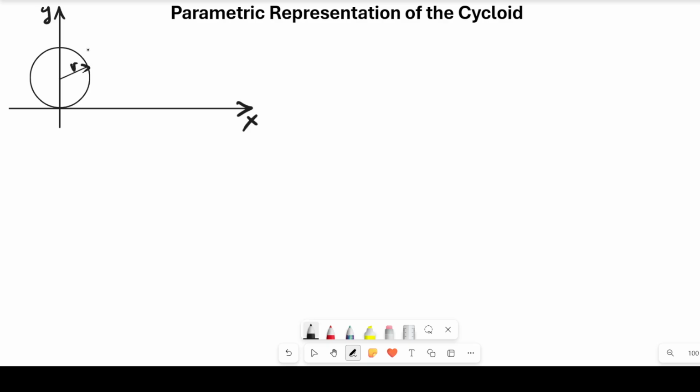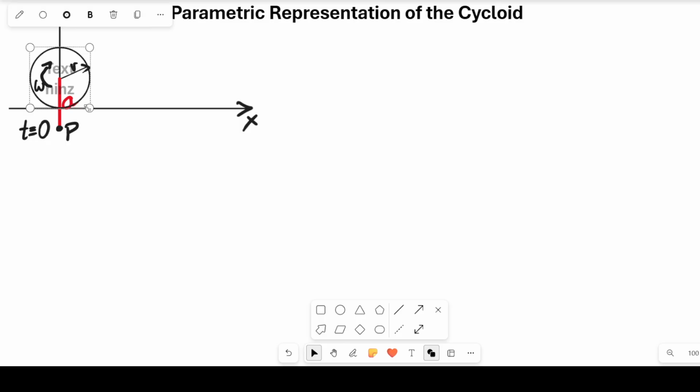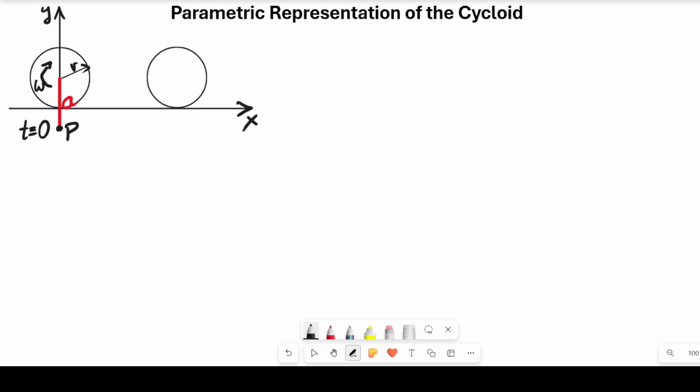And in addition, there is a crank firmly attached to it. So probably it is like here.